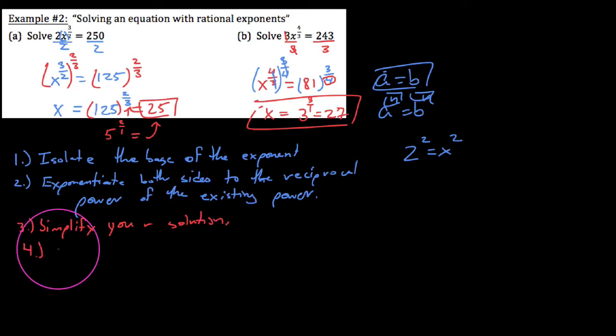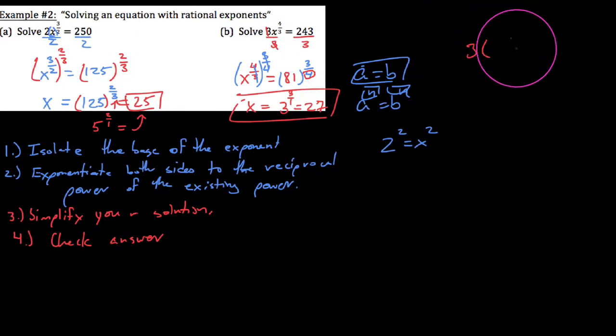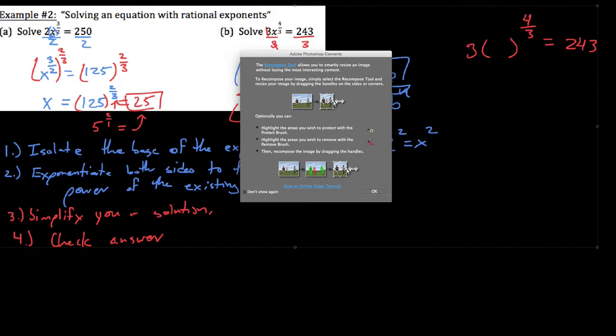And step 4 is check your answer. So really quickly, I want to check this answer 27. If we plug it back into 3x to the 4/3 power equals 243, we said that x turned out to be 27.